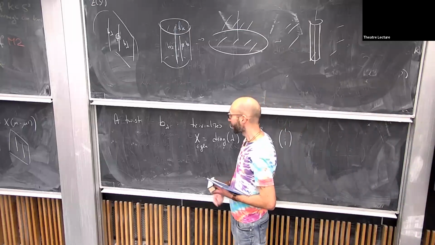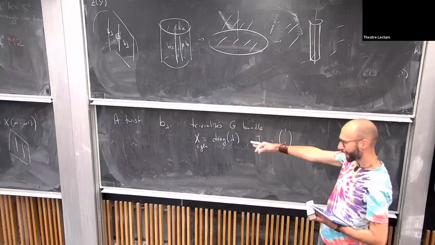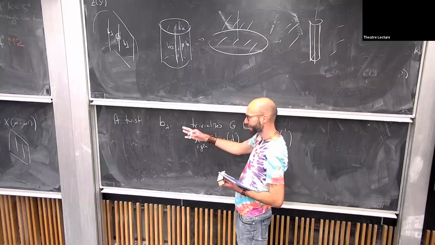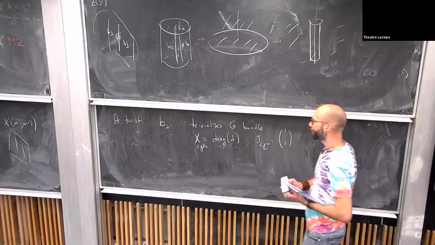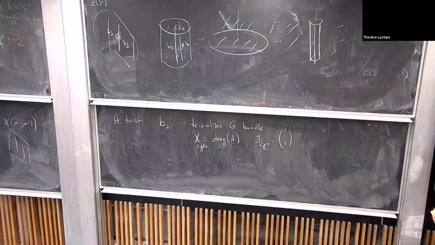Then one can try to extract a monoidal one category that has a braid group representation. And we have guesses for how to do that. They're not correct right now.